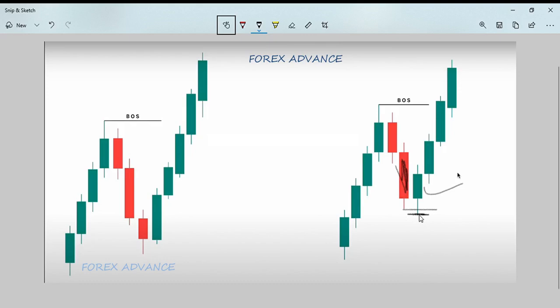This candle has the lowest point and it also has a proper imbalance. So your order block will be from here to here. This whole area is your order block. Don't be confused with the colors of the candles. So in this picture, this specific green candle is your order block.